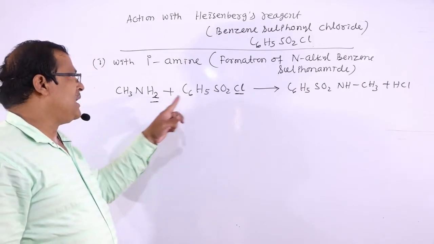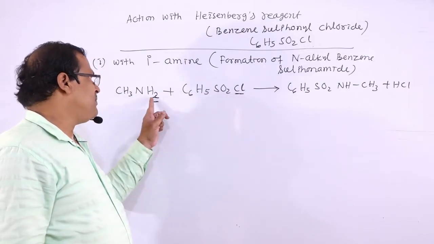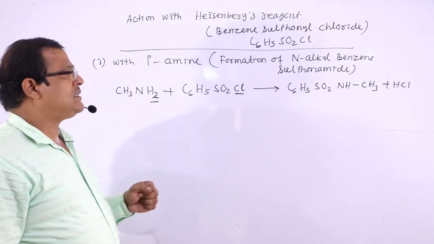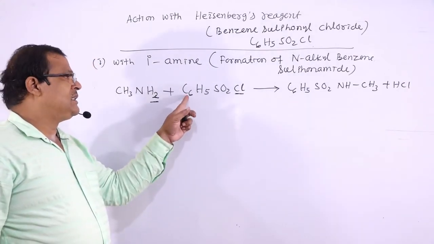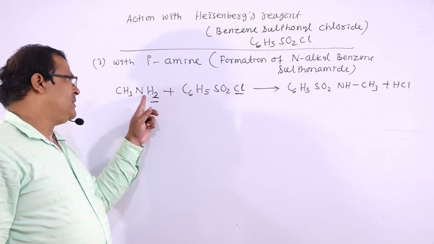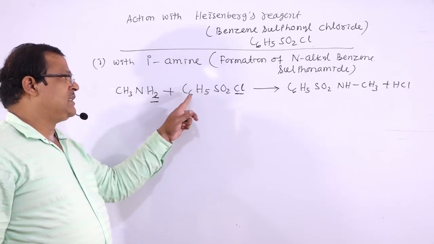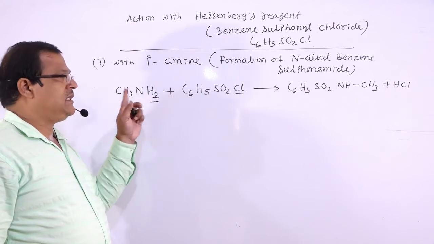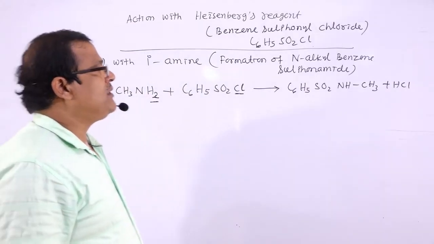The H part and Cl part are removed in the form of HCl. Then the remaining part is C6H5SO2NHCH3. How do we name this compound?